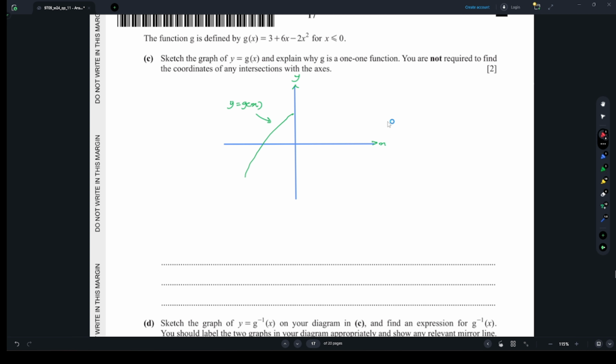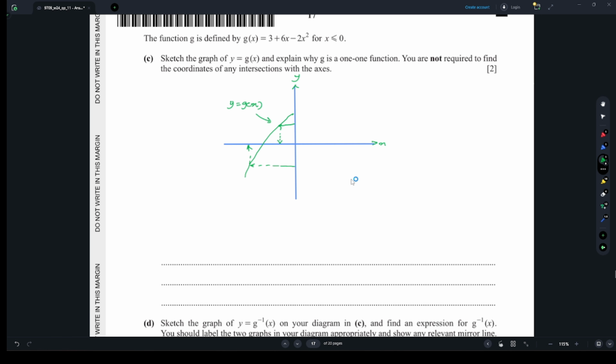And then they are asking us to explain. So here, one-to-one. Why? Because when we check for a particular y value, here we have only one x value. So for a particular x value, we have only one y value, right?